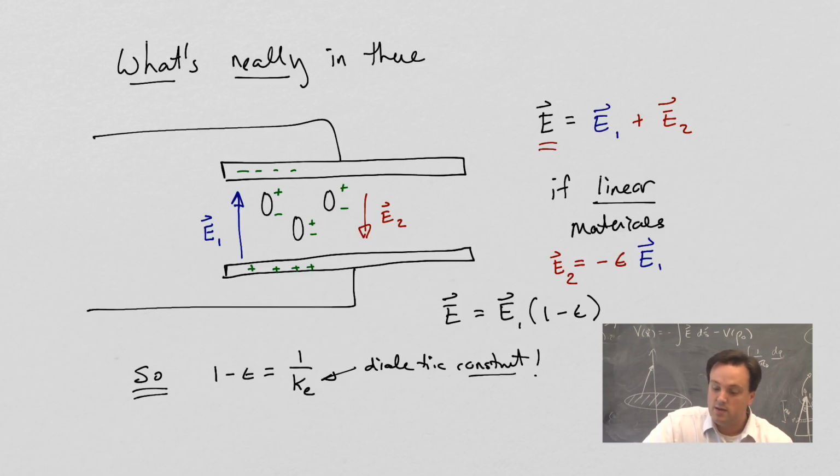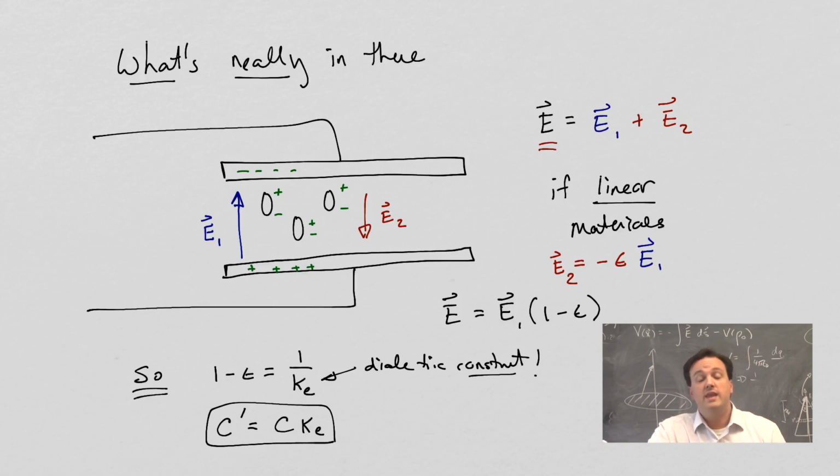And so the real capacitance, which I'm going to call C prime, of a capacitor with a material inside of it, is actually the capacitance that I would calculate in vacuum times the dielectric constant. And it's just important to remember this, because the difference between a capacitor that I can think up and do a problem on and one that I can actually build is the fact that the dielectric inside this capacitor generally makes a difference in what I actually measure when I measure the capacitance.